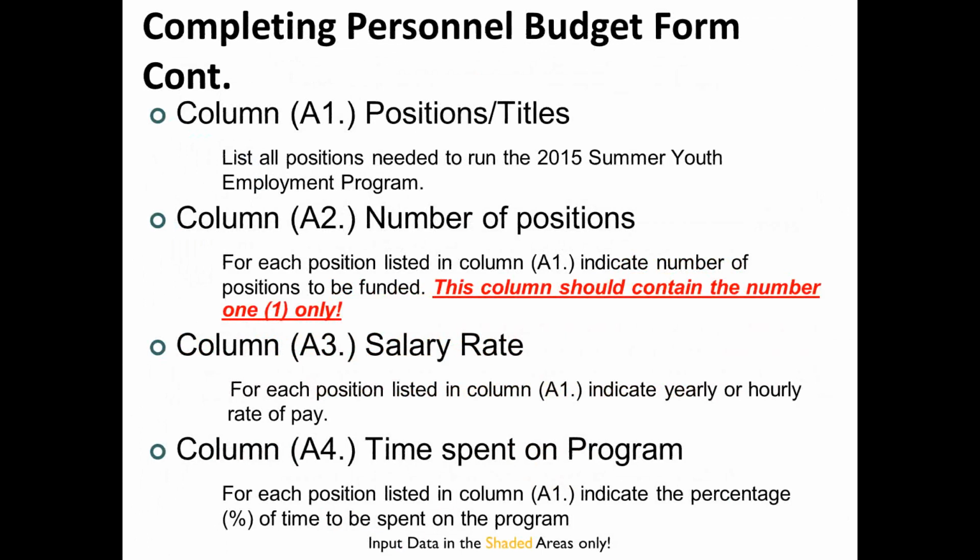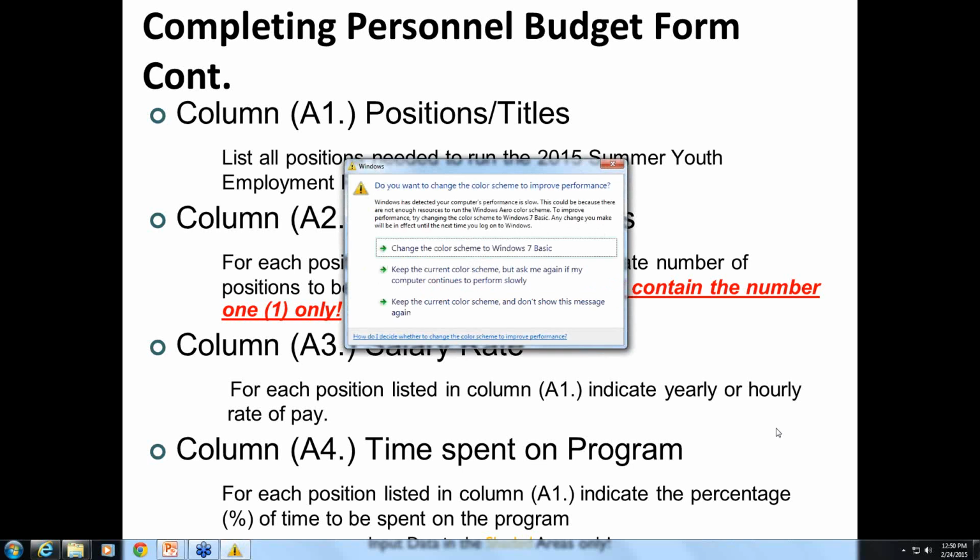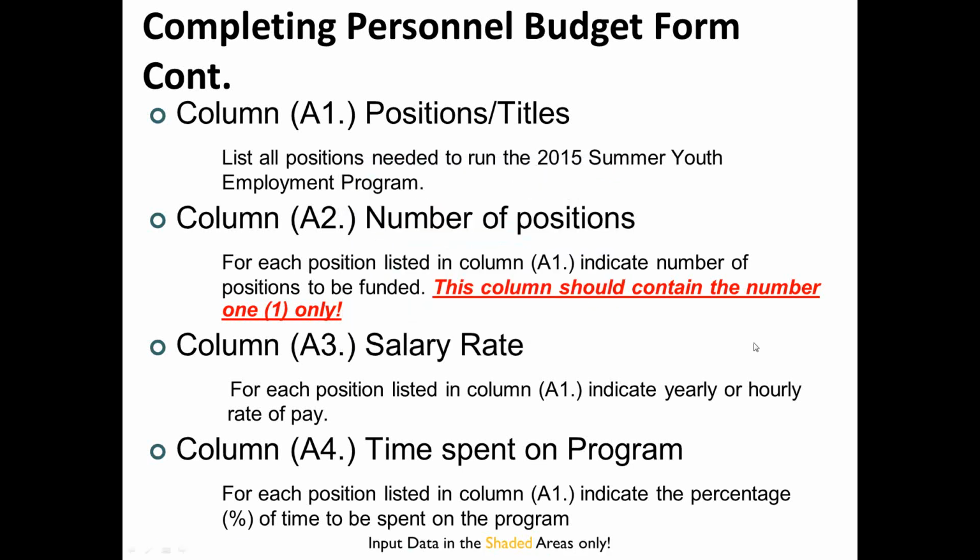So, column A1, position titles. Here you want to list all positions needed to run the 2015 employment program. If it requires 2 positions, these 2 positions would be listed here on this form.